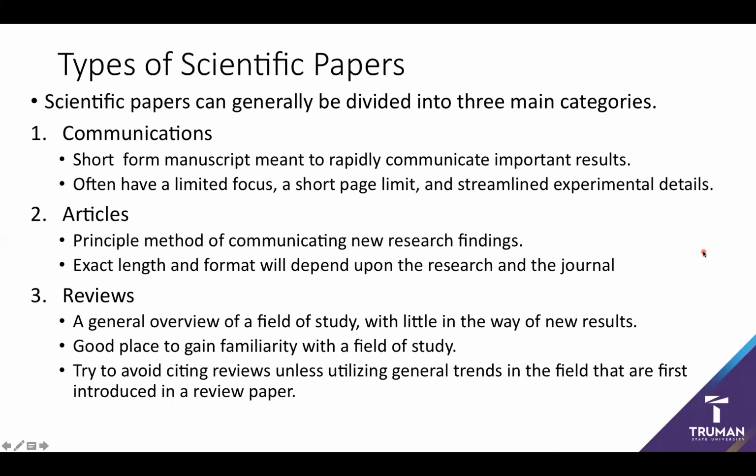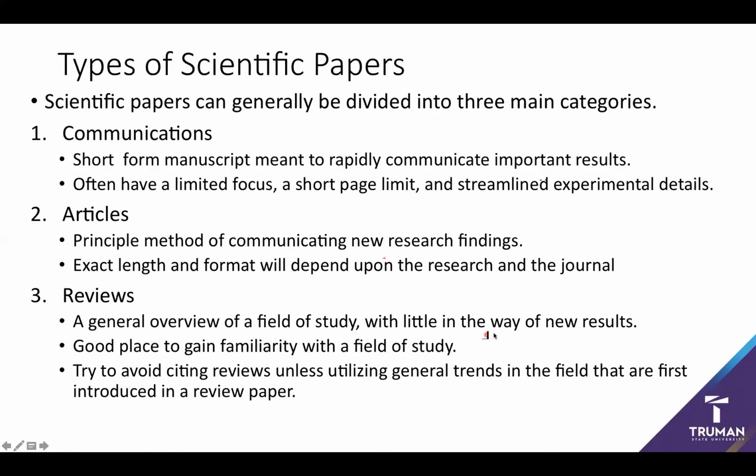However, it is worth acknowledging there is a third type of very common scientific paper, and these are reviews. Reviews are essentially a paper that's going to tie together the results in a whole bunch of articles and communications and give a general overview of where the field of study is right now.